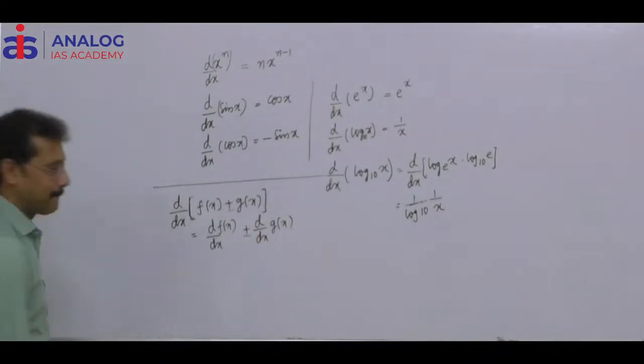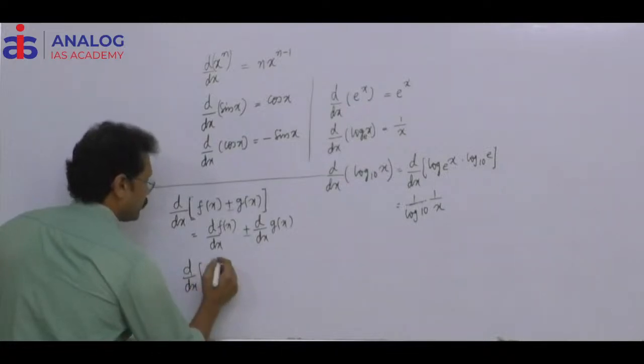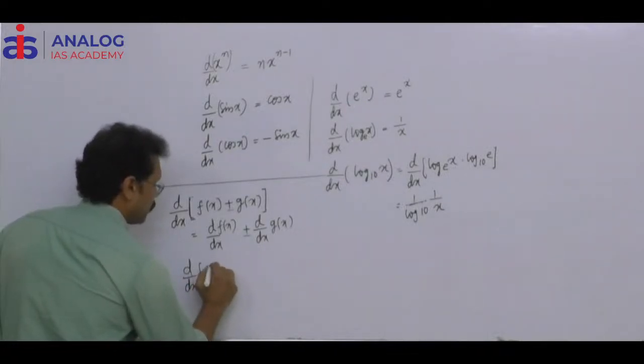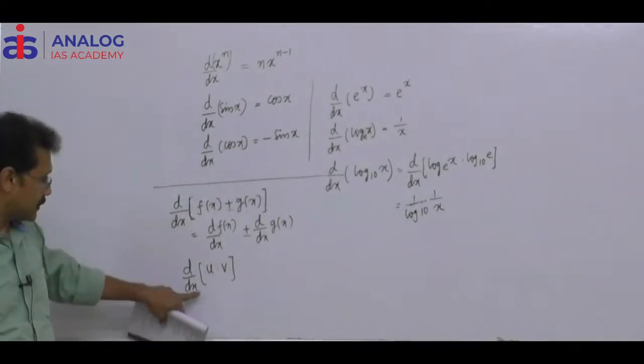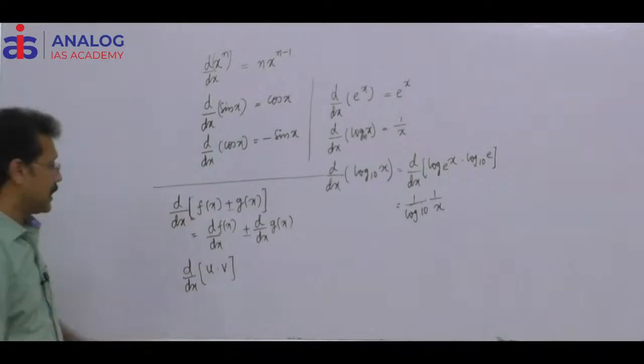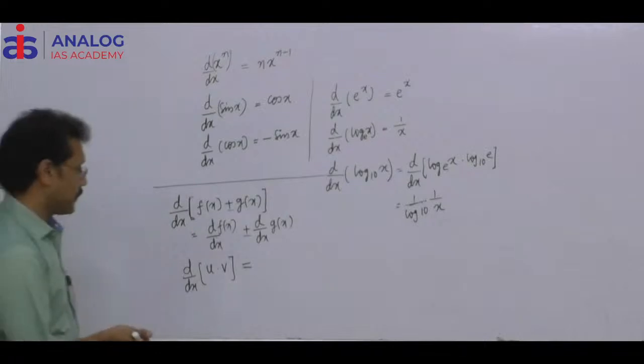Okay? And then differentiation of two functions, maybe u and v, where u and v both are functions of x, this is the product formula, we call it the differential of the products. What is this?